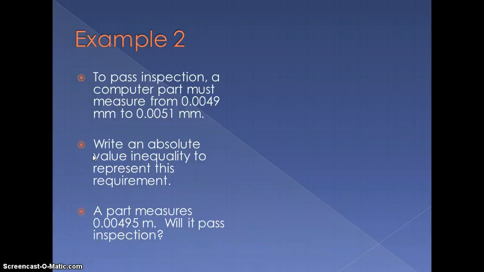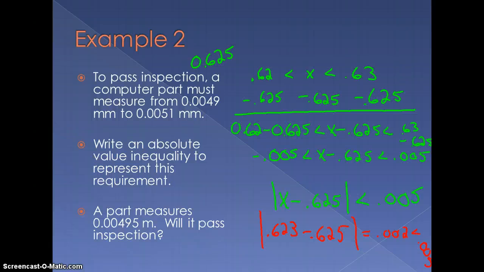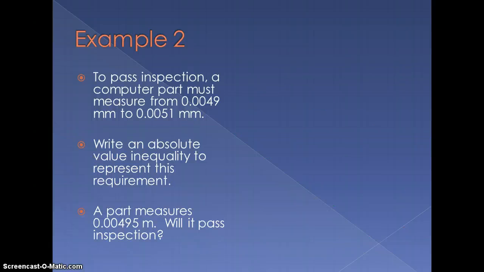One more problem along the same lines. To pass inspection, a computer part must measure between 0.0049 millimeters and 0.0051 millimeters. Again we have a compound inequality given to us: 0.0049 is less than x is less than 0.0051.